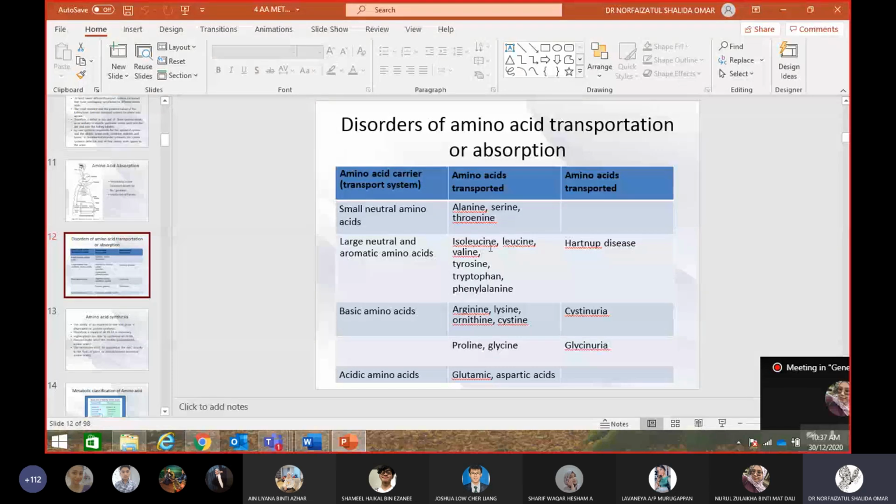If there's a defect in this transport system, it can cause Hartnup disease. If you want to know more about the disease, you can check, but I'm only relating that if there's a defect in this transport system, what kind of disease will it cause?